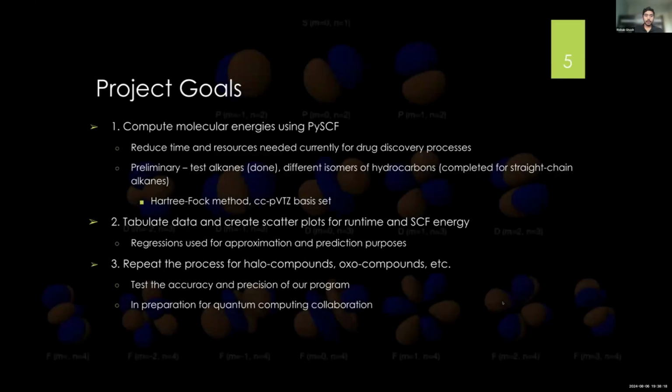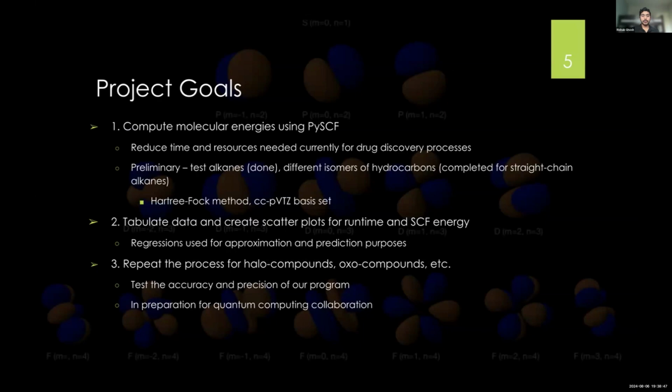All right, so the project goals of our group is number one, to compute molecular energies using PySCF, which is a self-consistent field library in Python. And we want to use this to reduce the time and resources needed to calculate and compute these molecular energies, as calculating such energies is extremely important for the drug industry when discovering new drugs.